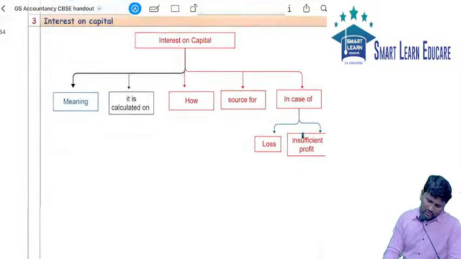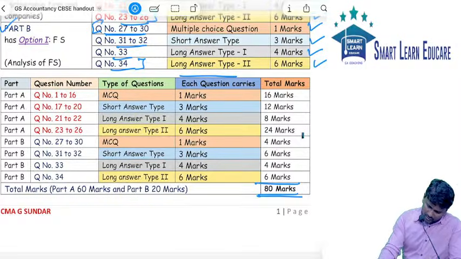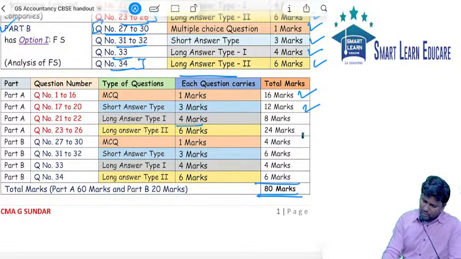So if you see the question paper pattern already discussed, in the 80 marks, how are we going to get part A and part B, and what is the marks weightage? First, part A: MCQ 16, then 3 marks questions, 4 questions for 12 marks, 4 marks questions, 2 questions for 8 marks, then long answer type, 4 questions of 6 marks, 6 into 4 is 24.